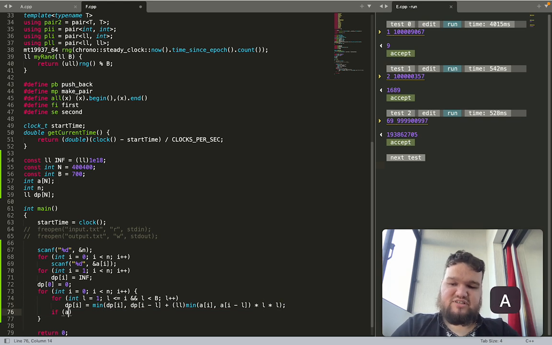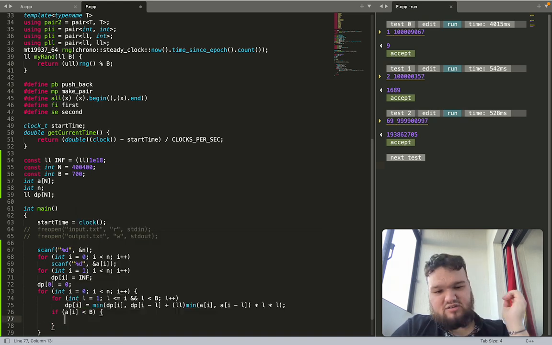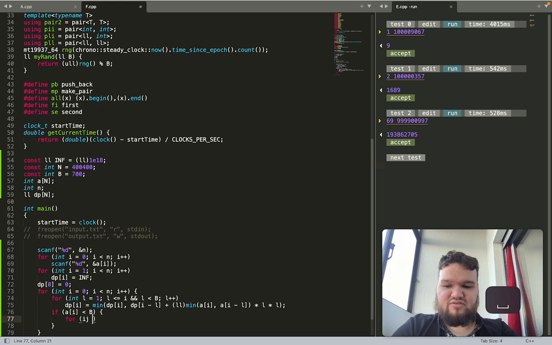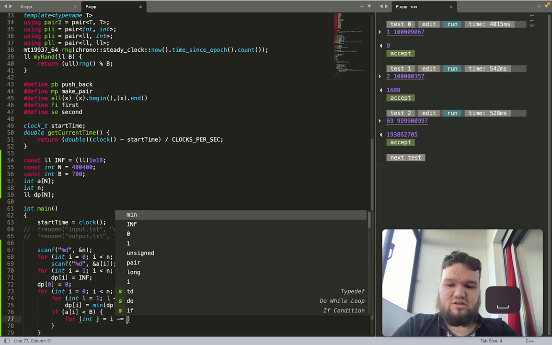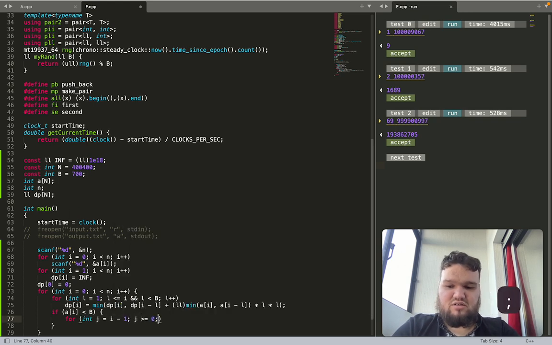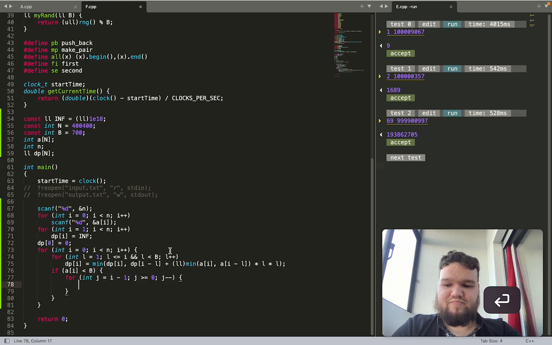And if this element is smaller than square root, then I'm running to the left, making the corresponding transition.